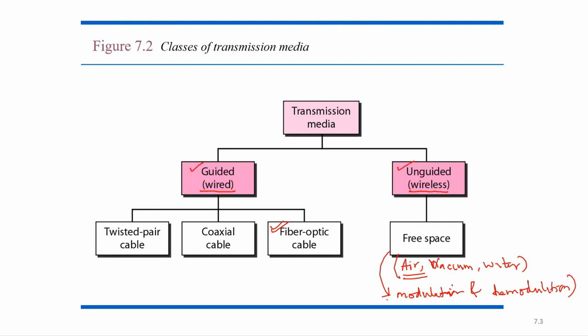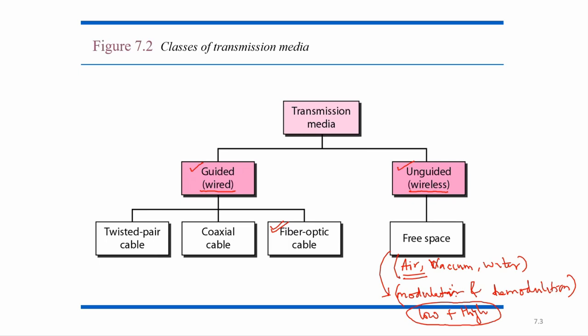We already know what modulation and demodulation are. In modulation, we superimpose the low frequency signal on high frequency signals to have low noise or long distance signal transmission. That is done using the modulation technique.